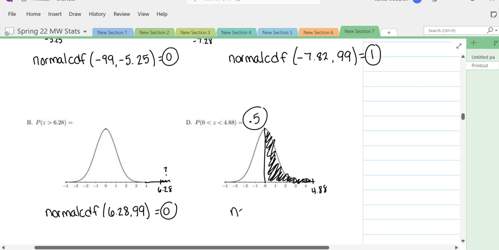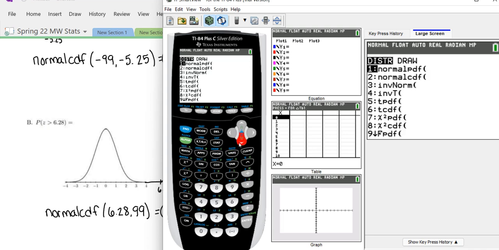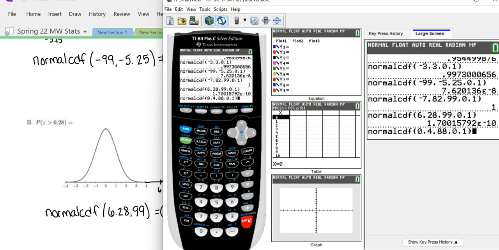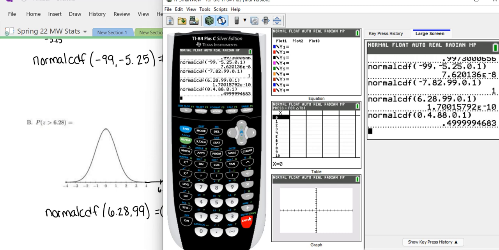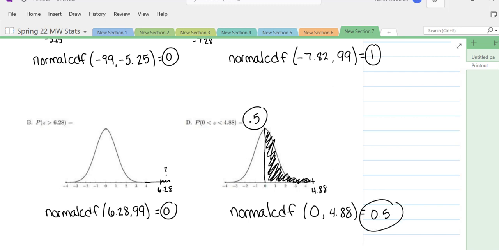Okay, if we check that, that would be normal CDF with a lower limit of 0 and an upper limit of 4.88. .4999999. So we can round that to 0.5. Okay, so that's the first part of chapter 6.